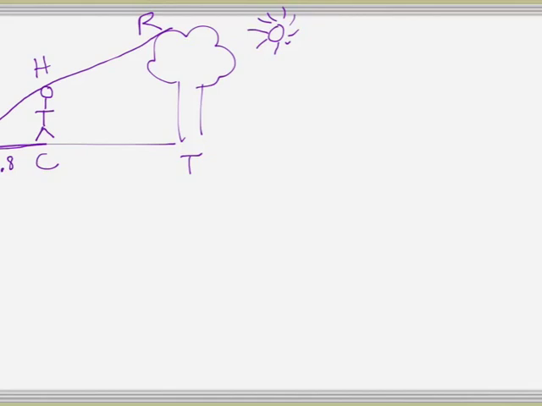ST, because both shadows end at the same place. If her height is 1.6 meters tall, we want to know then how tall is the tree.